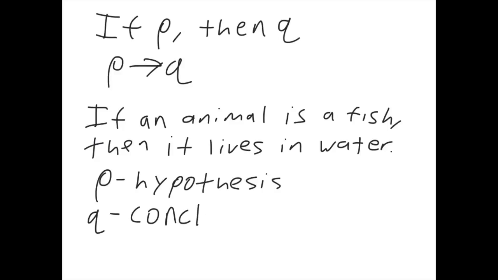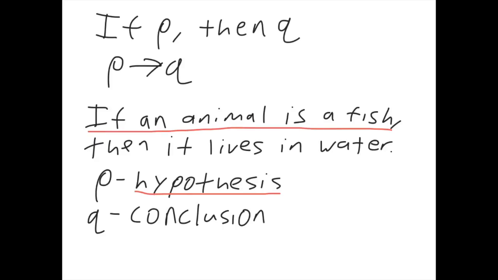So that's the conclusion. So first part is the hypothesis, which is if an animal is a fish, and the last part is the conclusion, then it lives in water.